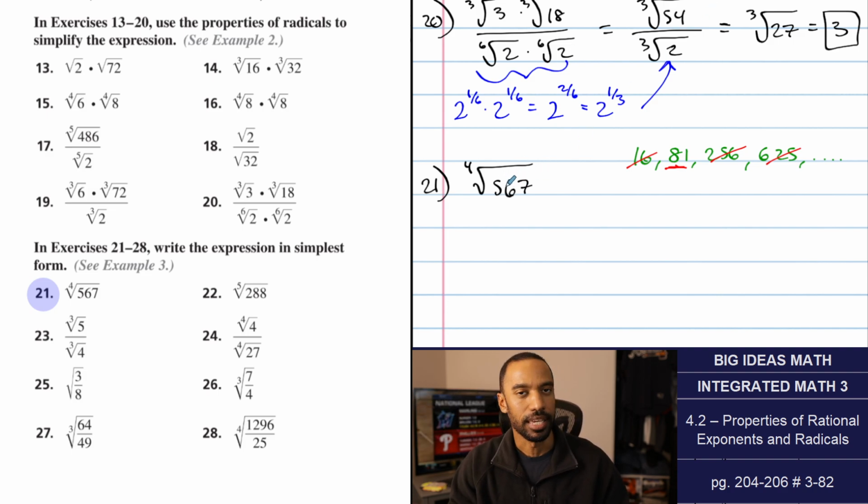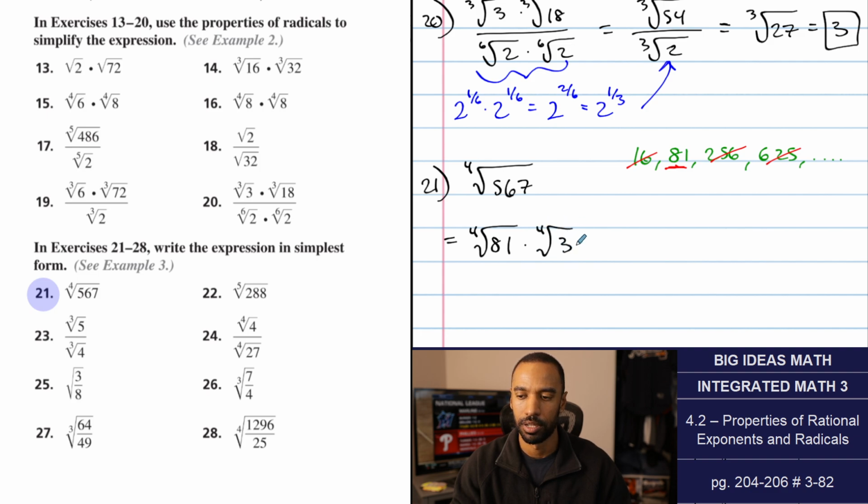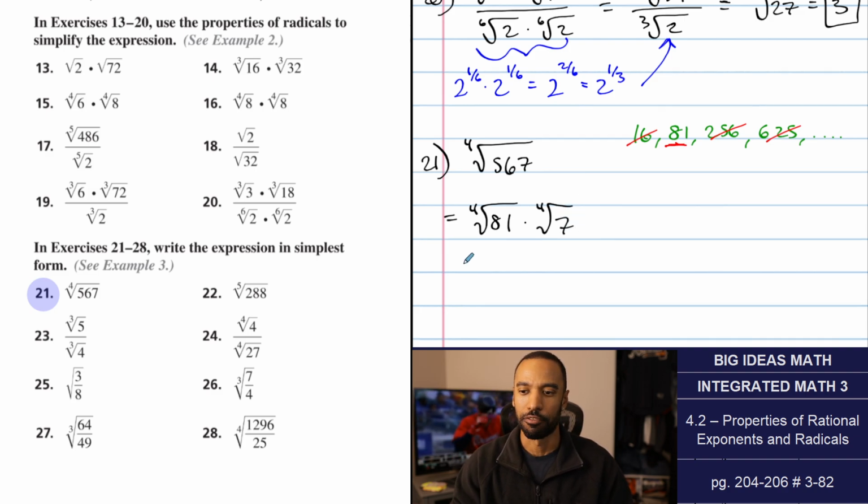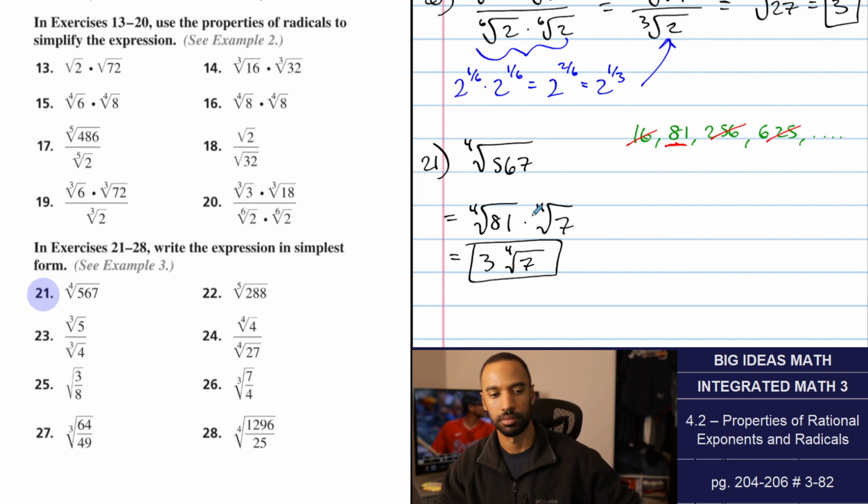It turns out that, yes, 81 times 7 is 567. So this can break apart into the fourth root of 81 times the fourth root of 7. And the fourth root of 81 is 3. So you get 3 times the fourth root of 7. And we're all good to go.